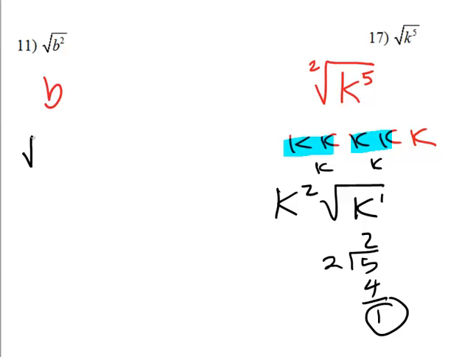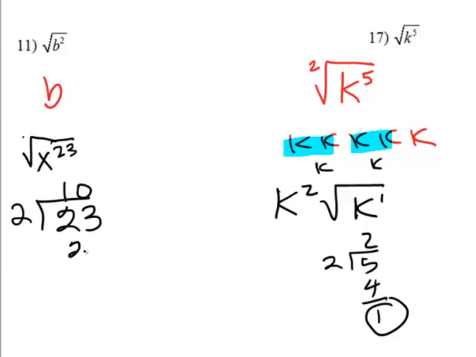So I have the square root of x to the 23rd. I could draw 23 x's, but I don't really need to, because 2 goes into 23 10 times with 3 left over.